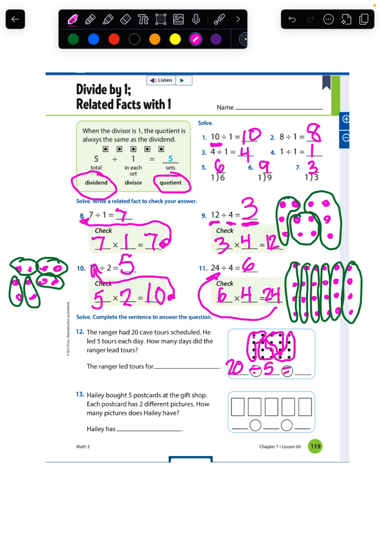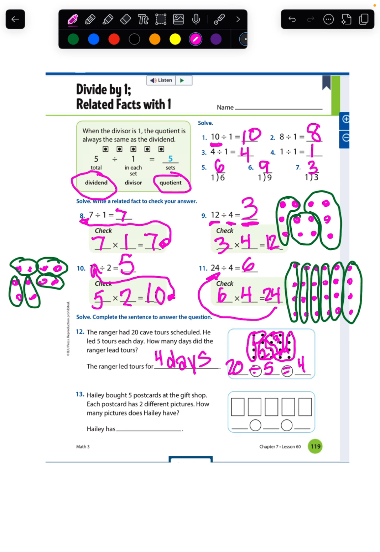And I would have 4 groups. I could also think what times 5 gives me 20, and I know my answer would be 4. So the ranger led tours for 4 days.